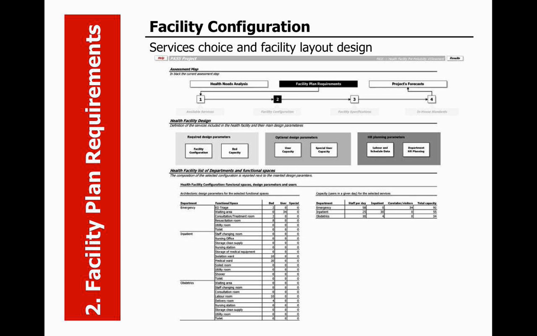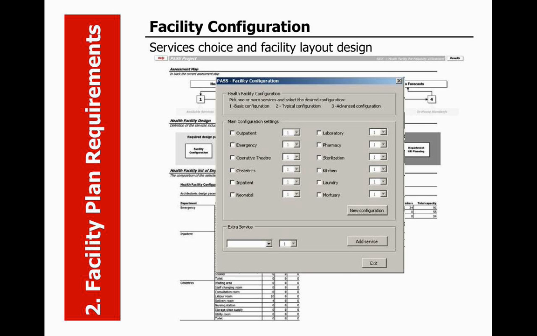And then, once I study what MSF is using as a reference, I can actually design it. So I can go for the configuration of my facility. I can choose the service that I want and the configuration that I want.